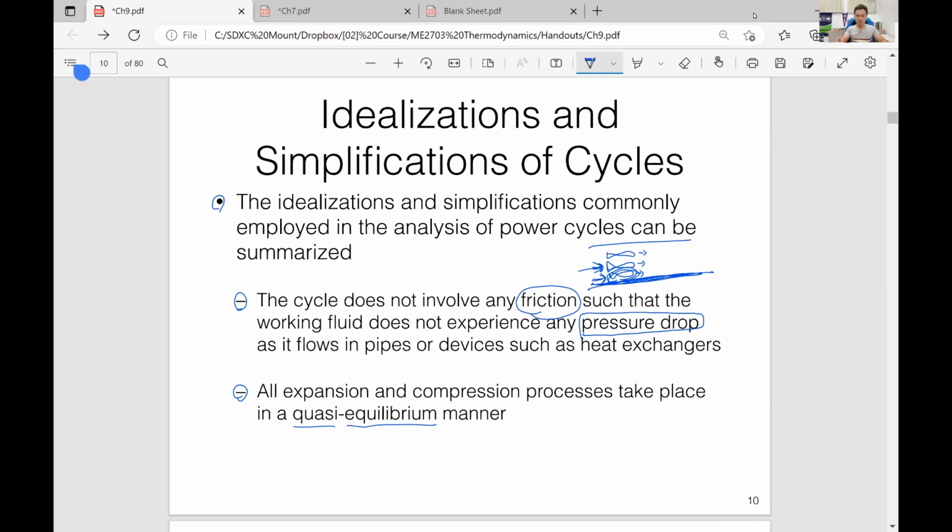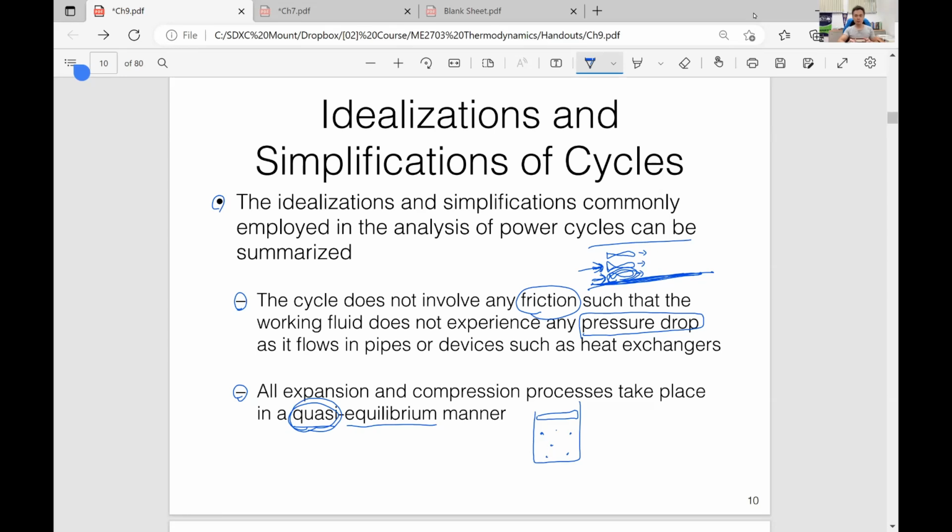Quasi-equilibrium means it's equilibrium, and this kind of equilibrium is a result of the process taking place so slowly that there's time for every molecule inside the system to self-adjust to be uniform everywhere. So the material properties inside the system are uniform, are homogeneous. Okay, that is what quasi-equilibrium means, right?